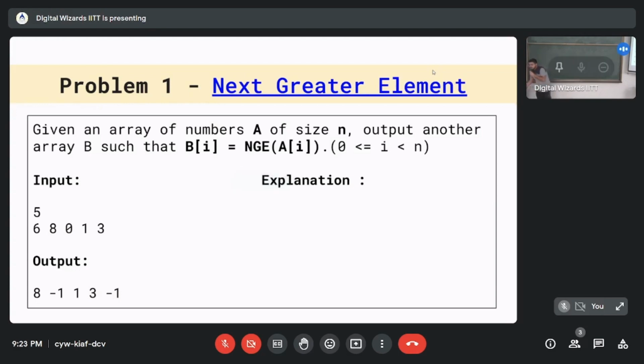So we'll be starting with the design, and as we proceed ahead, we'll try to make sure everyone understands the pattern behind this. I'll be starting with a brute force. Can somebody give me a brute force approach for this?